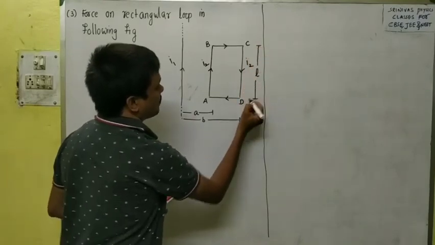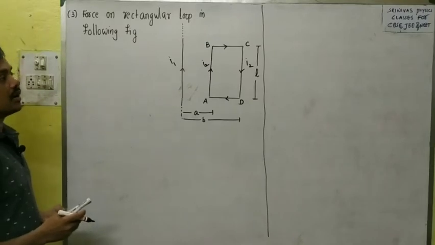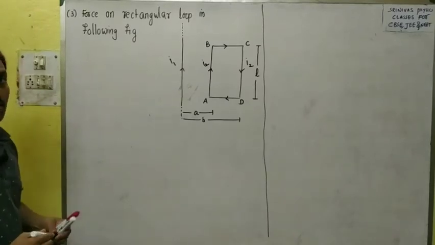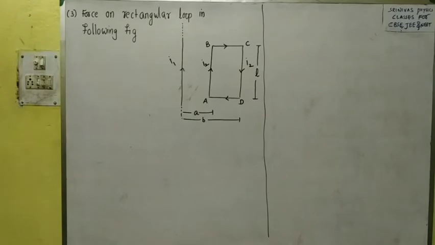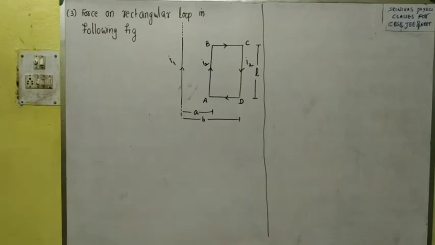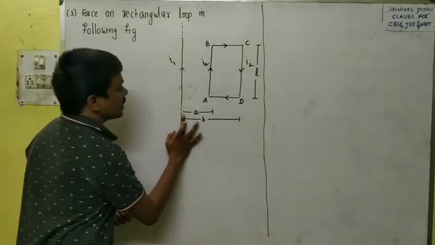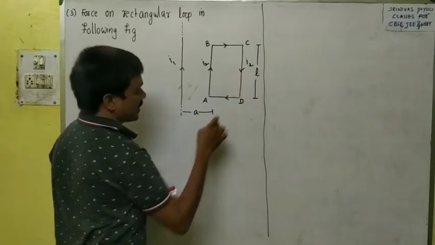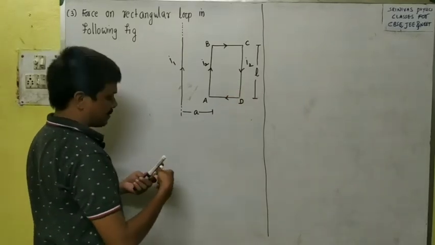Right. How to find out the force on this rectangular loop I will explain. A little change: here L is the length of the rectangular loop and B is considered as the breadth of the rectangular loop.